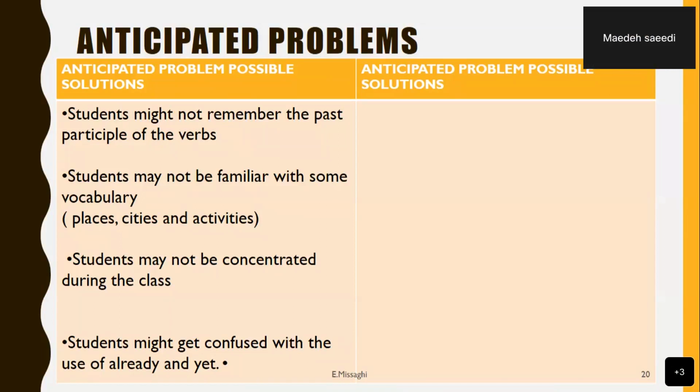I think for number one, if students don't remember the past participle, the teacher can repeat again. Or for students who may not be familiar, tell them to write it on the board several times. Okay. Thank you. You reviewed it then.